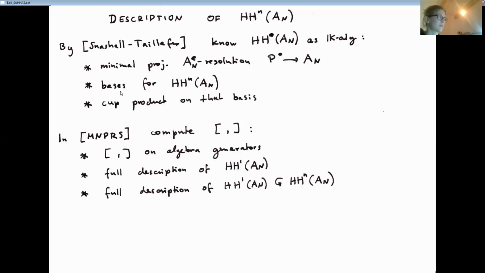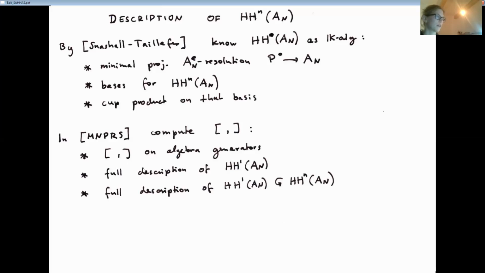They had bases for each of the cohomological degrees, and they computed quite a lot of cup products on that basis. There was nothing known on the Gerstenhaber structure up to that point. And this was what we wanted to achieve in our work.